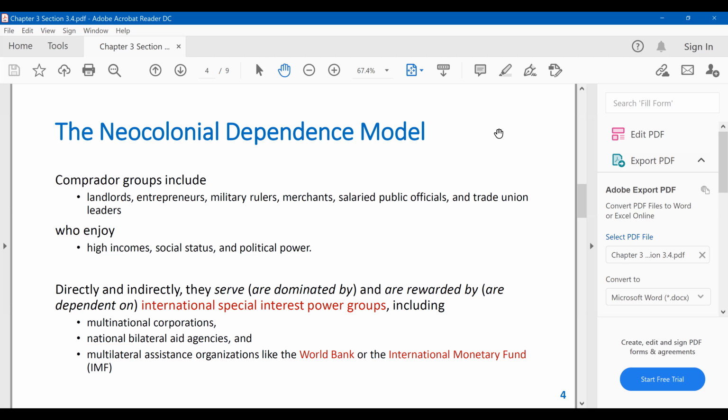People benefit from this, so they break the cycle of poverty, so they break this vicious circle, and they reach a good standard of living. It's not the case.